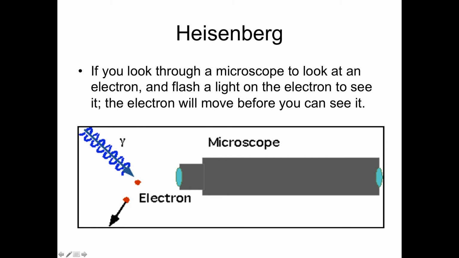Every time you think you might find it, as soon as you hit some light on it, it would energize and it would move away from where you originally had it. Unlike if you ever took biology and you had like amoebas, when you flash a light on an amoeba, they're not zipping, zagging, moving all around. They kind of just go really slow. An electron, however, when you point a microscope at it, as soon as you flash the light on it, it'd be gone.